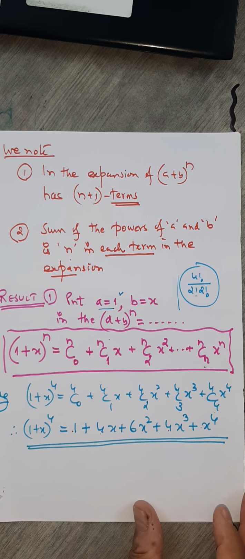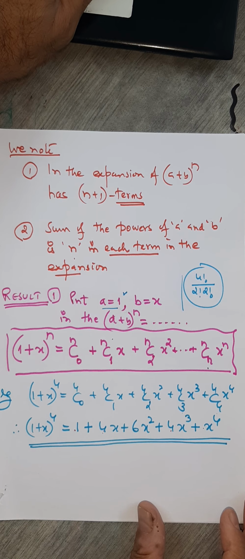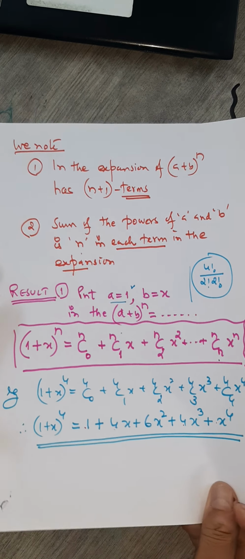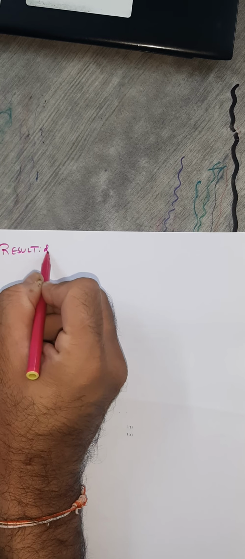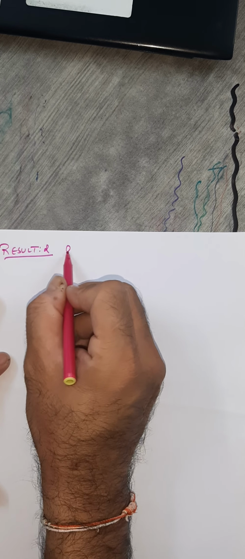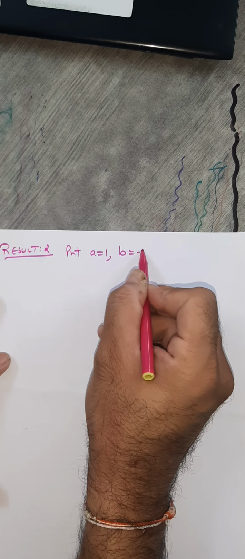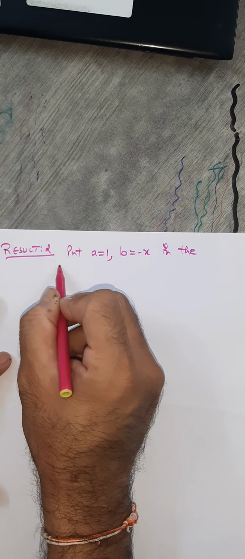Okay, fine. Now we want to write the same result but for minus sign. Now let me write result number 2. One more result here. That's just based on previous only. One more result. That is, put a equals to 1 and b equals to minus x in the binomial theorem.